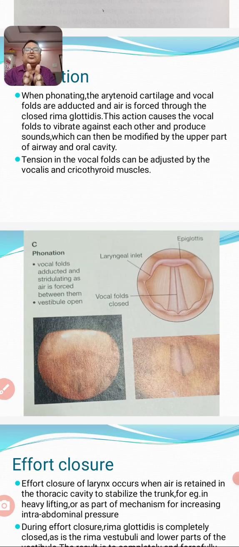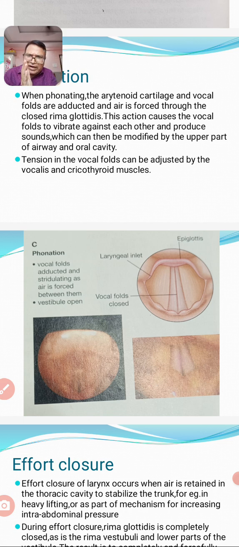Air is forced through the closed rima glottis, and this causes the vocal folds to vibrate against each other and produce sound, which can be modified by the upper part of the airway and the oral cavity.